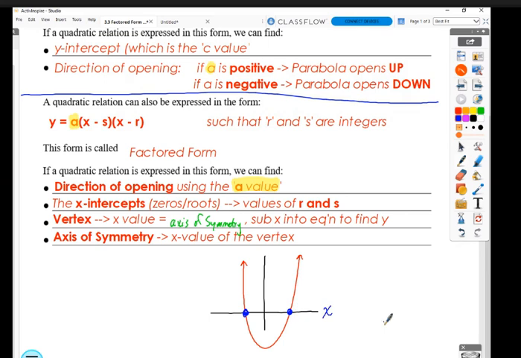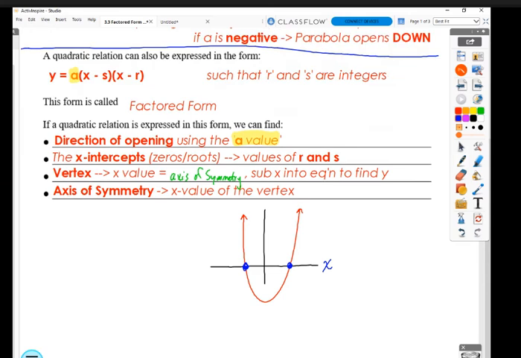We will get that. And from those, we know, like we explored the other day, that in the middle of these two x-intercepts, because a quadratic is symmetrical, somewhere in the middle of this thing, that is where the axis of symmetry is, right in the center.